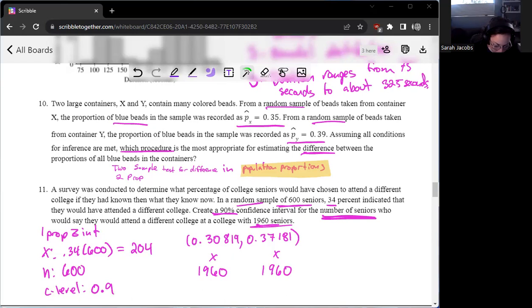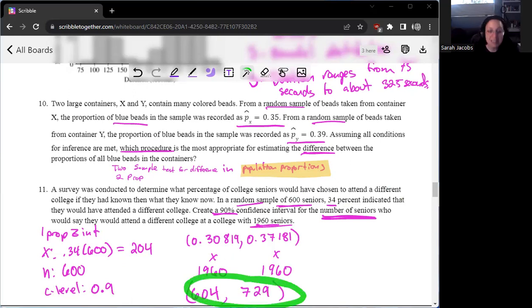So 0.30819 times 1960, and I'm just not even rounding here, is 604.05. So I'm going to say 604 to 0.37181 times 1960, 728.7. So I'm going to say about 729.